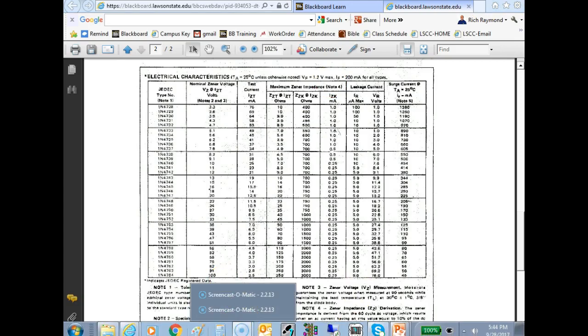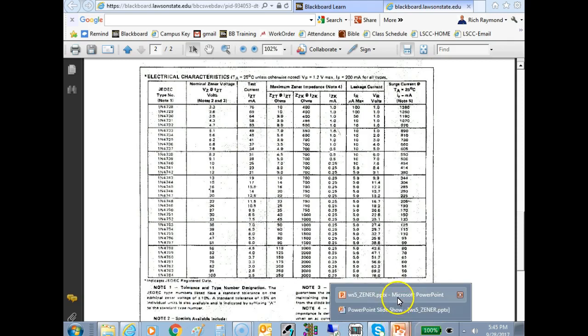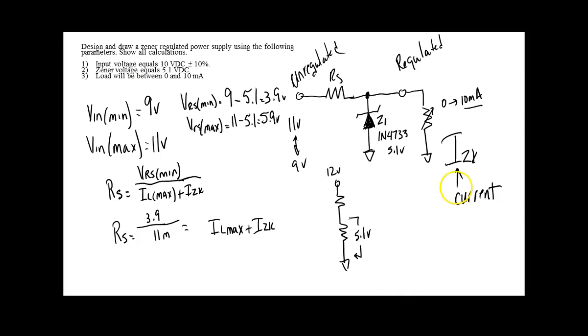So the 10 milliamps, the current in the load is given. So it's going to go between 0 and 10 milliamps. But to calculate that resistor, we're going to use I the load maximum, right? You understand that, plus IZK. And where does the IZK come from?